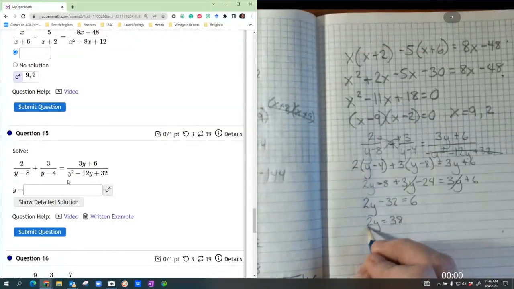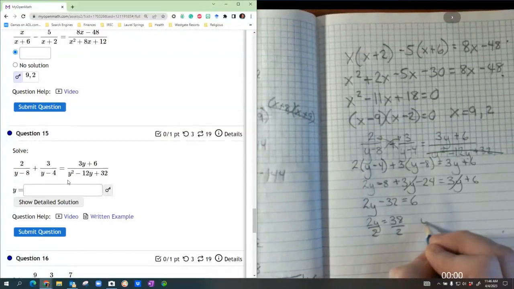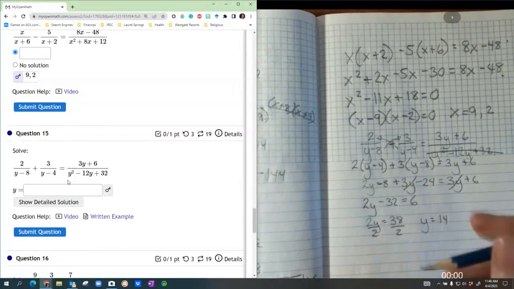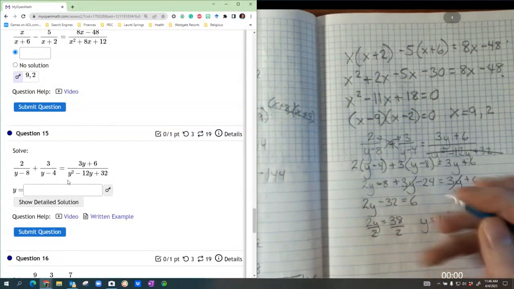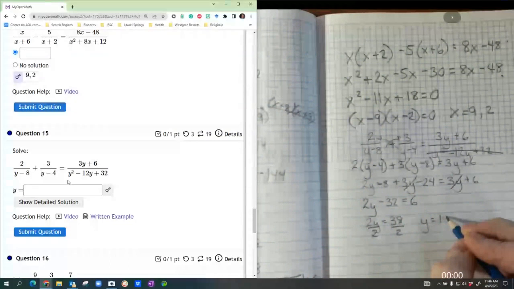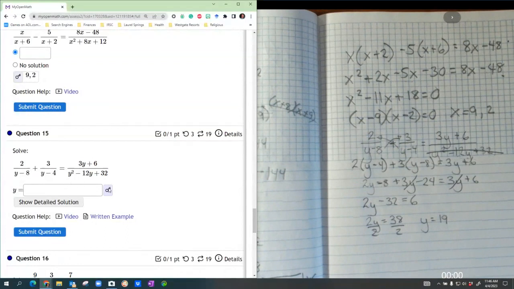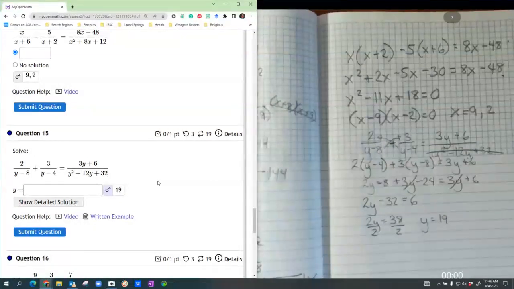And then I'm going to divide both sides by 2. Nope, that's 19. All right, and then I'm looking at it, and it looks like there is no worry of a zero denominator. Okay, so now I have 19 as my answer. That's the answer that we're looking for.